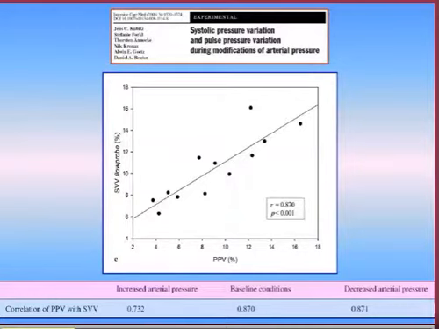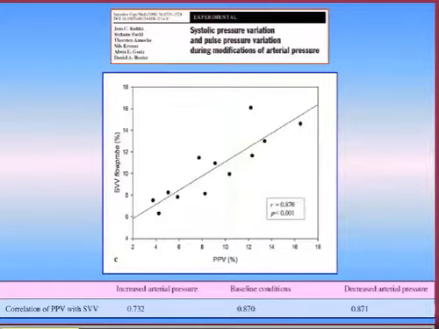This was nicely illustrated by the study by Kubitz and the group of Alwin Goetz and Daniel Reuter. They measured separately stroke volume variation using a flow probe in animals and pulse pressure variation using an arterial catheter.